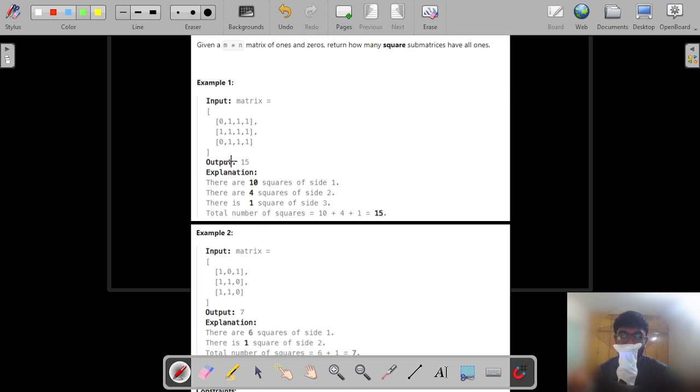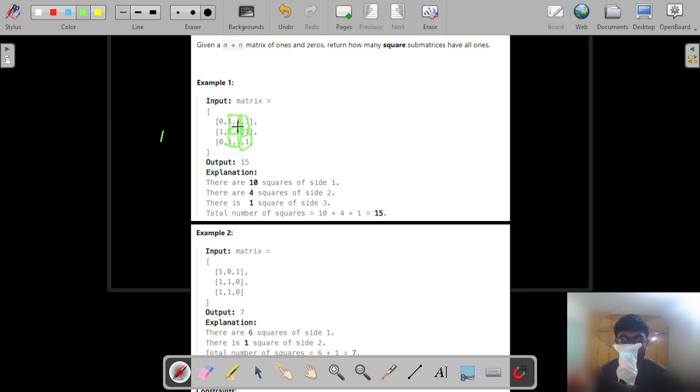So what we are asked here is, all the single ones, there are 10 ones in this matrix, and also 2 cross 2 squares, where we are seeing four such squares: this is one square, this is one square, 2, 3, and 4.